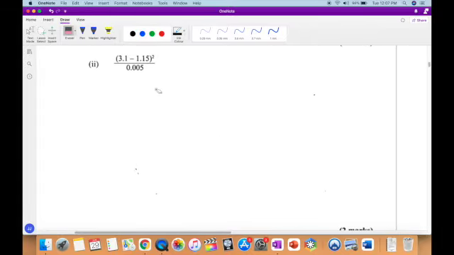So here again we have another calculator question. What we're going to do is put open brackets 3.1 minus 1.15, close brackets, and then I'll square it. To square it you have this x squared button there, so you just press that, and what you should see on the calculator is something like this, and that's how you know that it's been squared.